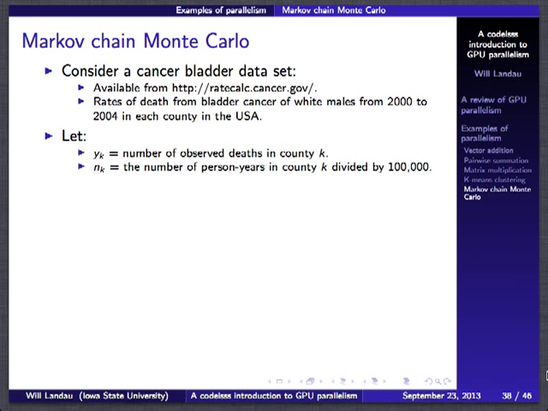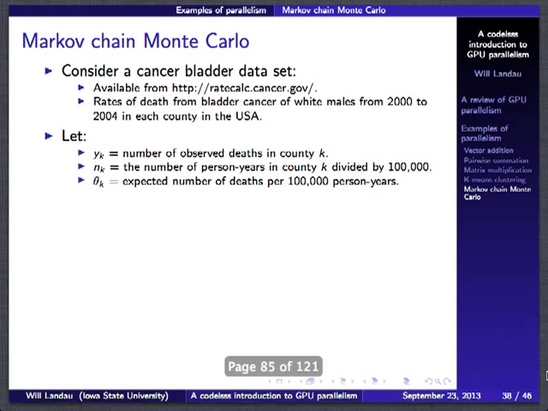So roughly the number of people times the number of years that we observed each person is the total number of person years. It's an epidemiological thing. Let's define some parameters. So theta k is the expected number of deaths in 100,000 person years.